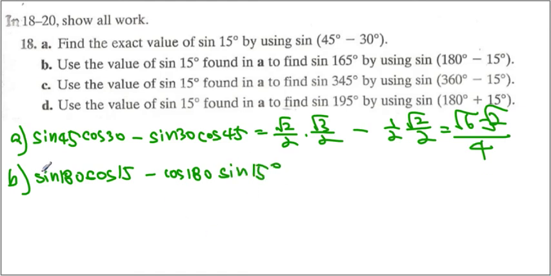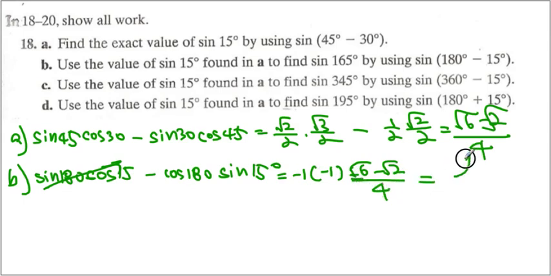Now, here we have sine of 180 is equal to 0, so this portion becomes 0. So what we end up having is negative 1 times, cosine of 180 is in fact also negative 1, sine of 15, which we calculated, is radical 6 minus radical 2 all over 4. But these two negatives cancel out. We end up having the same answer as the previous one.